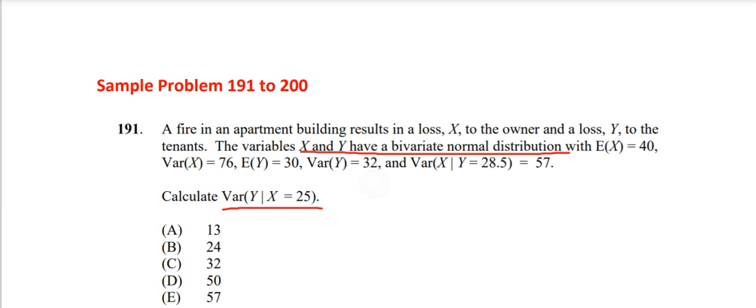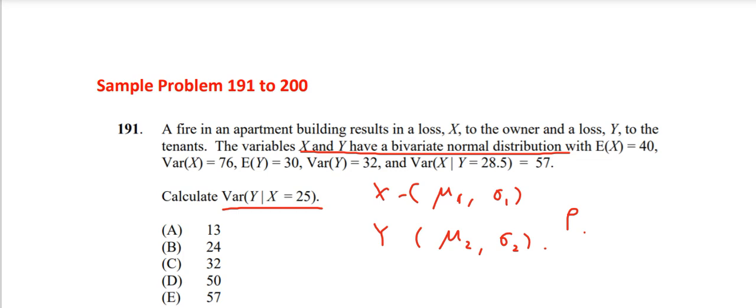For X, we have mu 1 and sigma 1, and for Y, we have mu 2 and sigma 2. And also between them we have the correlation or covariance. So we have 5 parameters.